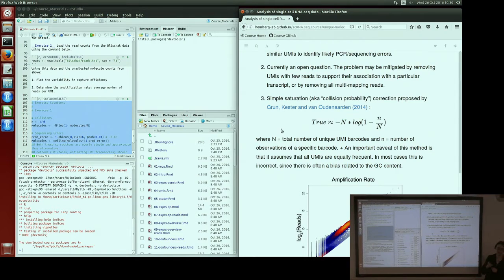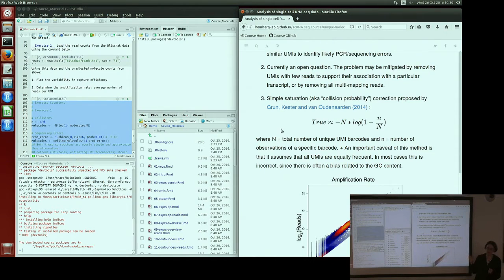So this is 6 bases in the barcode, so that's 4 to the exponent 6 to get the total number of possible barcodes. And then you just use this equation for 1 minus that, logged, times minus that, which will approximate what you should see if there were no collisions.